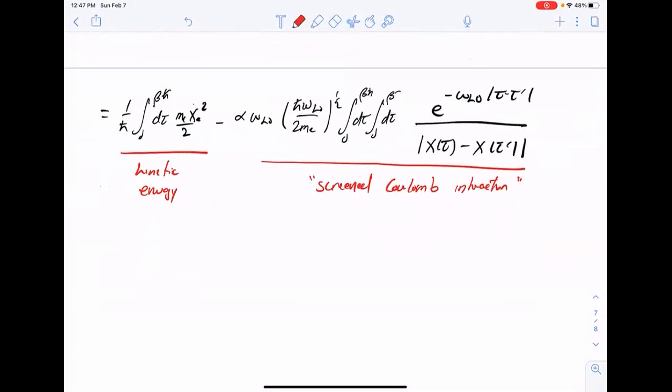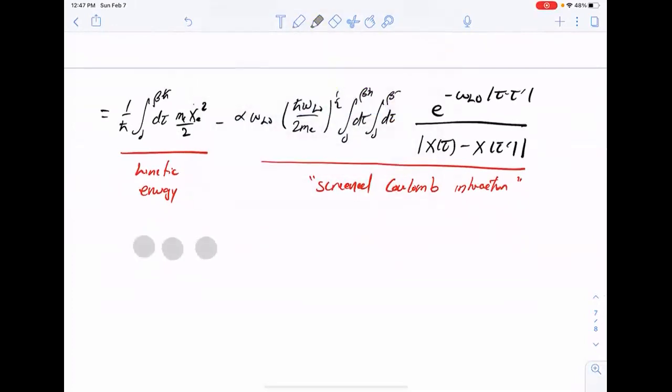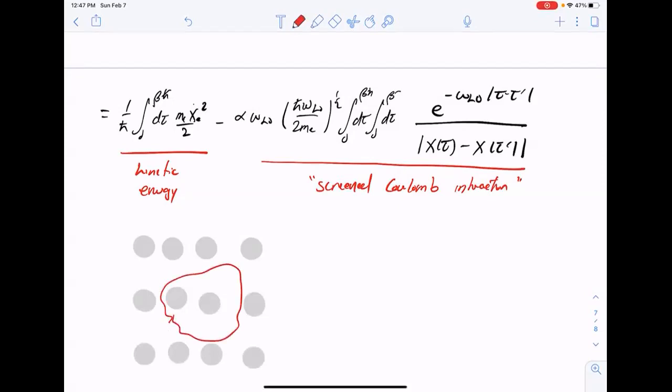So if we thought about what we've just seen, we have our initial lattice with our path integral, our representation of the electron that moves around this imaginary time path.